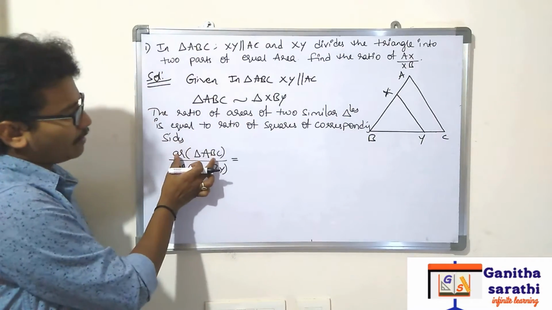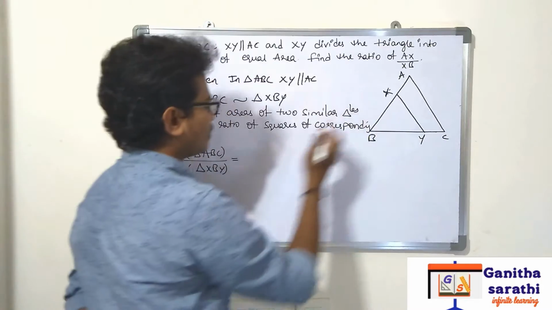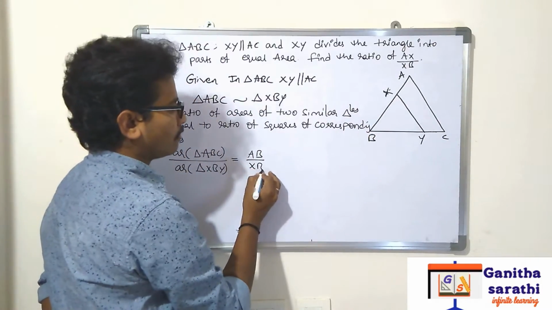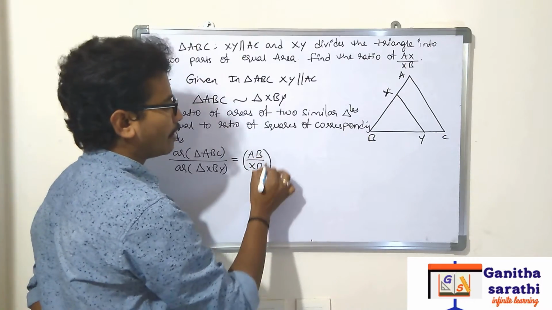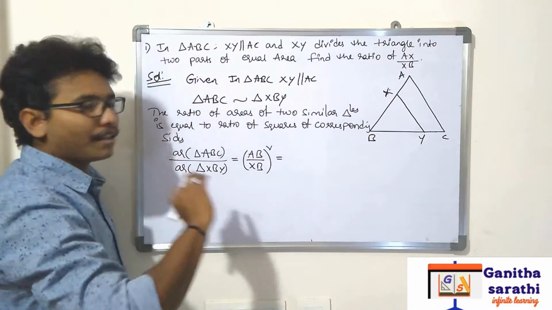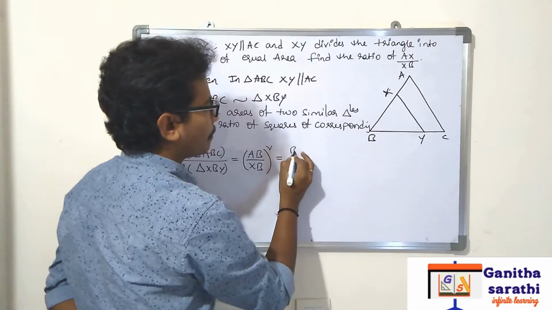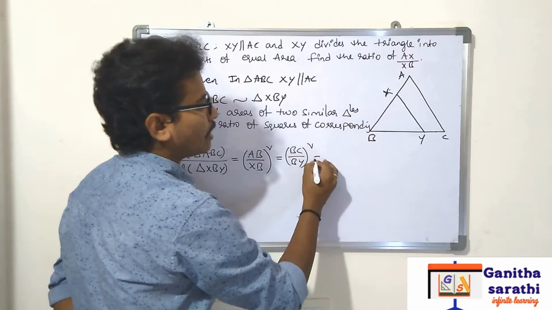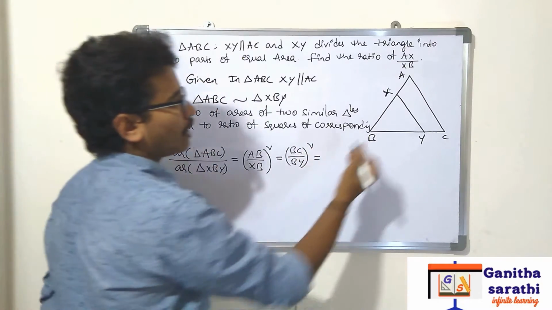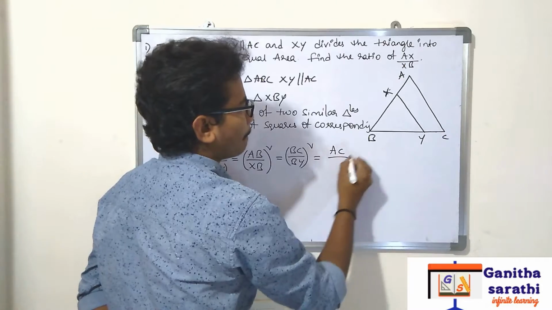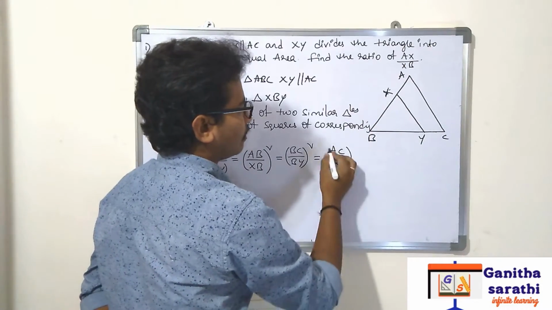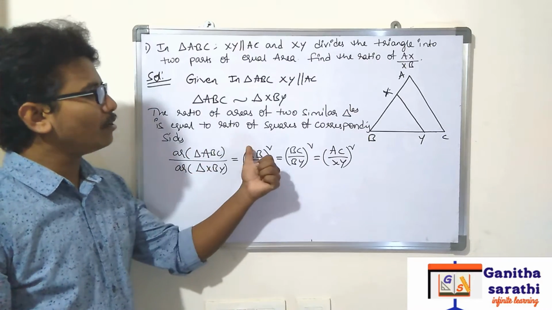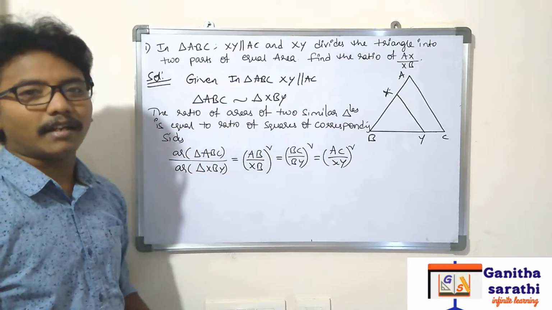First we have taken the big triangle, so the corresponding side is AB by XB, whole square, equal to BC by BY, whole square, equal to AC by XY, whole square. The ratio of areas of two similar triangles is equal to the ratio of squares of their corresponding sides.